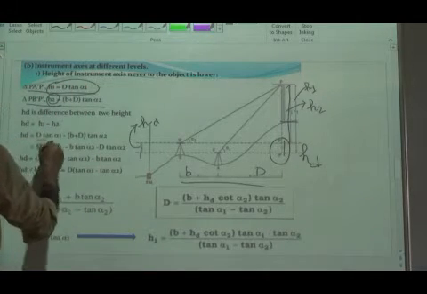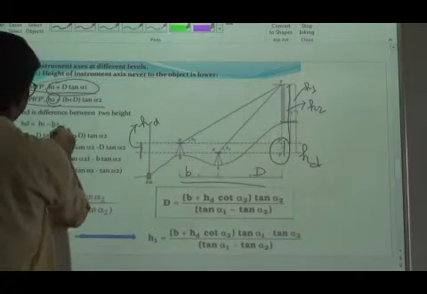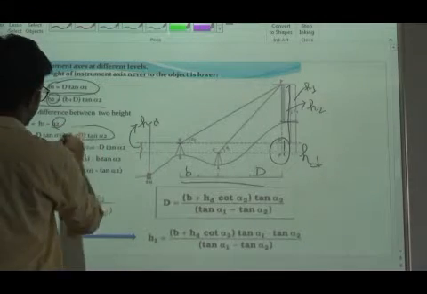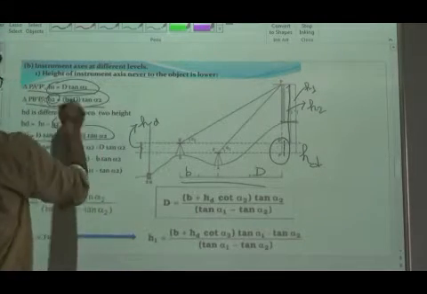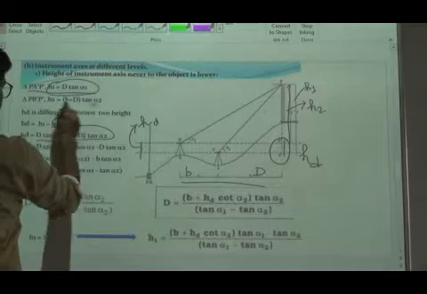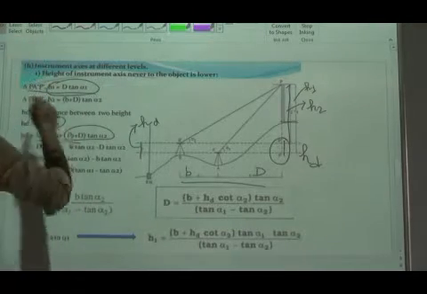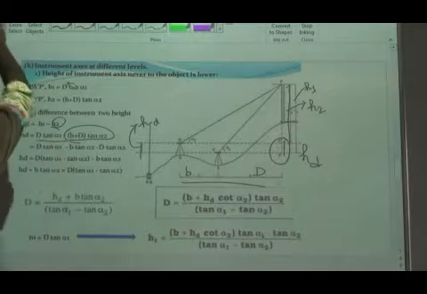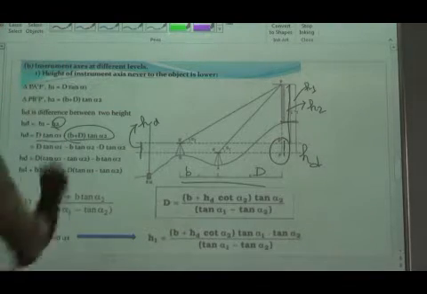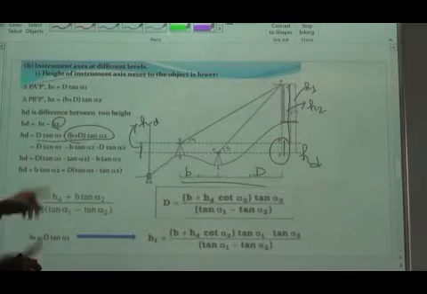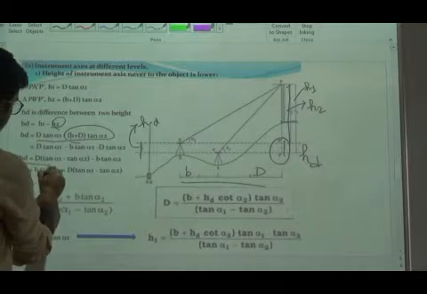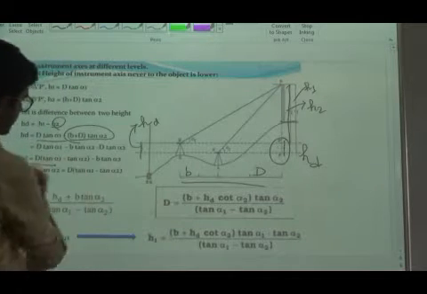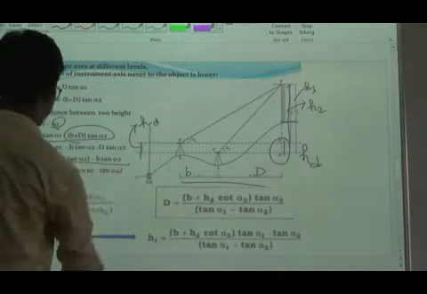Putting the value here: D tan alpha 1 minus H2, B plus D into tan alpha 2. We have calculated this here. After simplifying that, HD will be equal to D into tan alpha 1 minus tan alpha 2 minus B tan alpha 2.